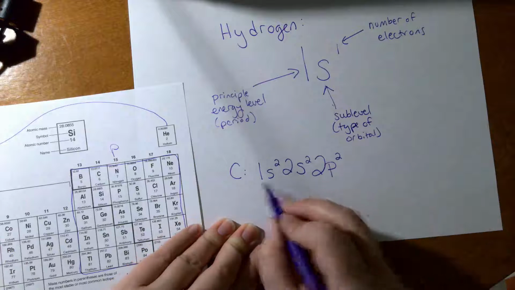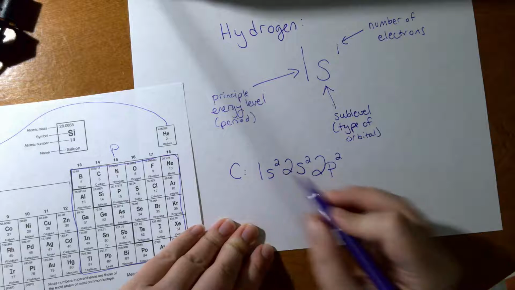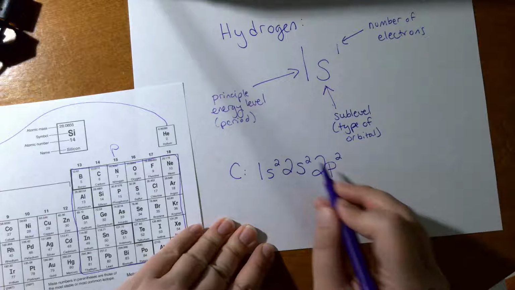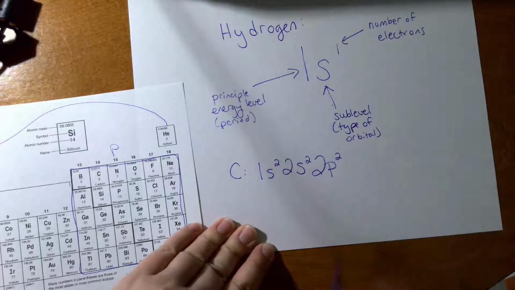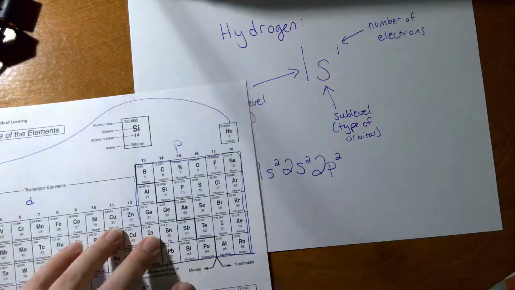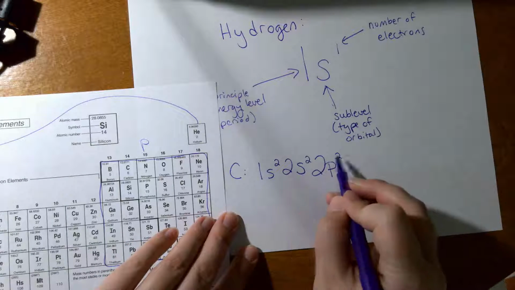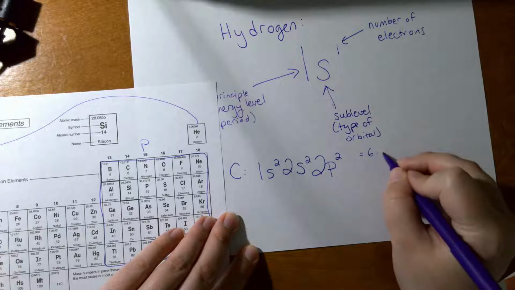So what this means is that in the first energy level, s orbital, I have 2 electrons. In the second energy level, s orbital, I have 2 electrons. And in the second energy level, p orbital, I have 2 electrons. Now look, carbon has 6 electrons because its atomic number is 6, right? And if we add up all these superscripts, they add to 6 because we have 6 electrons.